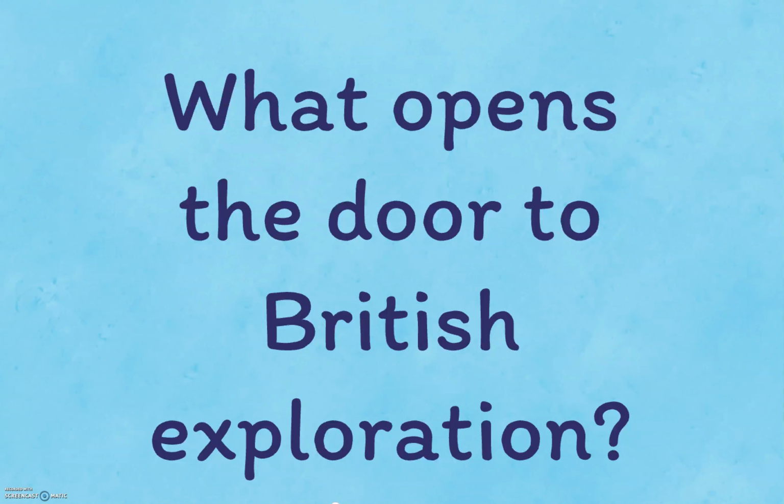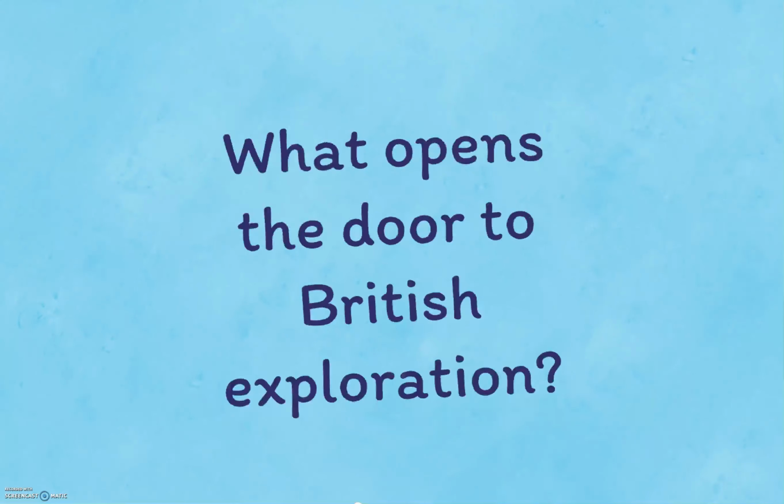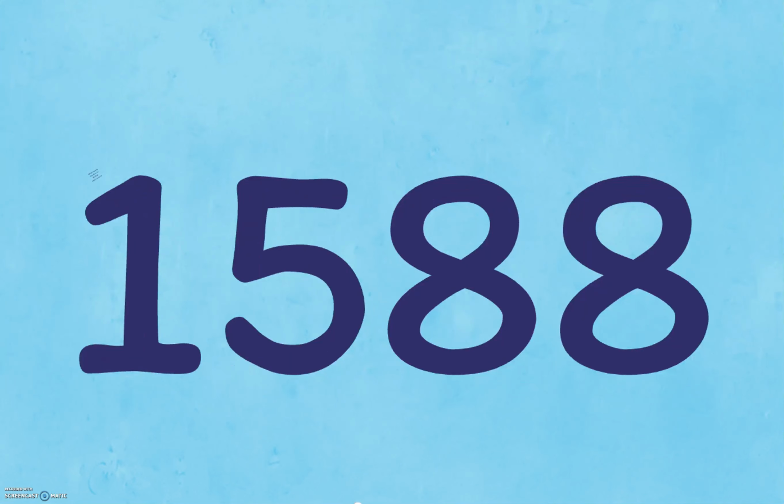So Britain takes advantage of this and decides to go to war with Spain because Spain's ships were blocking exploration to the New World. So the British Royal Navy is going to attack the Spanish Armada, and in 1588, the Royal Navy destroys the Spanish Armada, now allowing Britain to become the most powerful navy in the world and open the door for exploration.